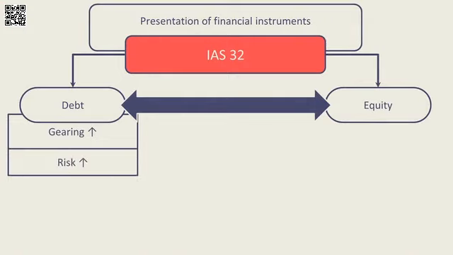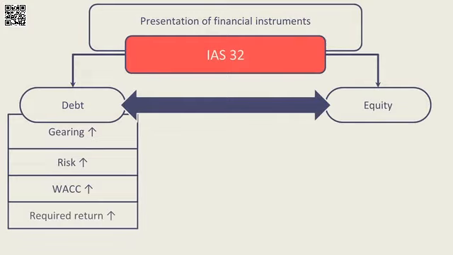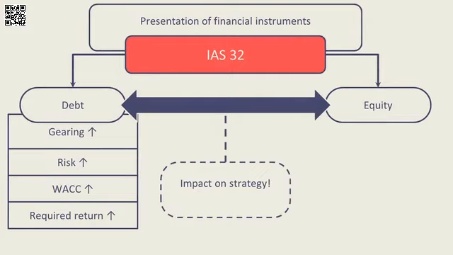And this impacts on the weighted average cost of capital of the business. It will go up. And thus, if we now face a higher weighted average cost of capital, we will have to undertake projects which generate a higher level of return. So ultimately, therefore, the classification of debt versus equity can impact on the strategy that the company is following.